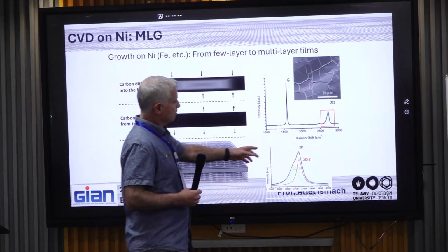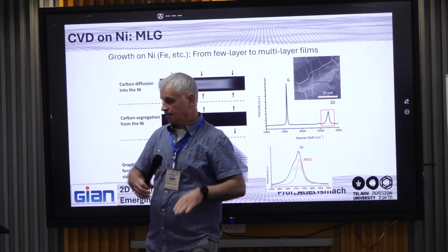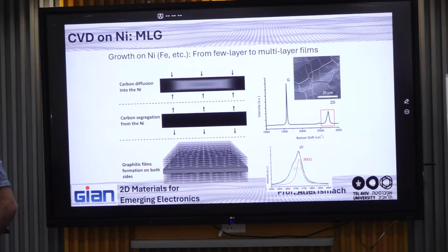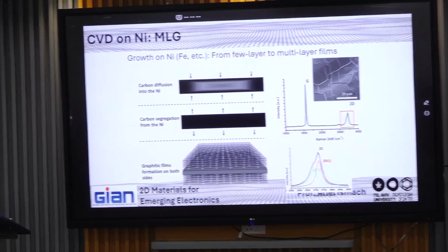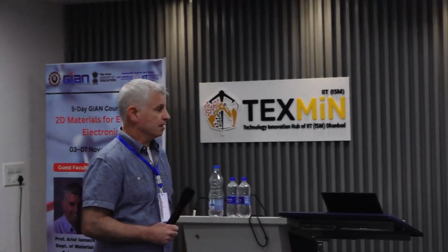The reason you get what we call wrinkles, basically like a paper that folds up, is because of the different thermal expansion coefficients between the graphite and the nickel. We heat up the nickel, the carbon segregates out to form the graphite, all this at 1000 degrees, and then we cool down. They have different expansion coefficients.